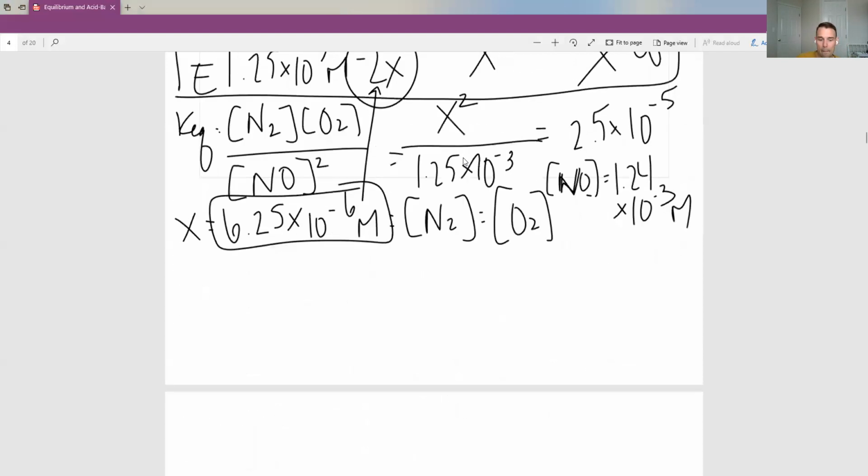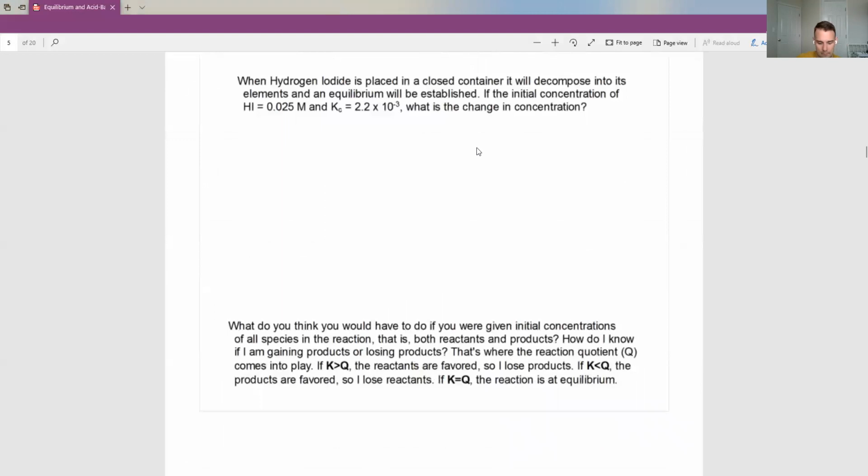Let's do another one. Let's see. When hydrogen iodide is placed in a closed container, it will decompose into its elements and an equilibrium will be established. If the initial concentration of HI is that and the Kc is that, what is the change in concentration?